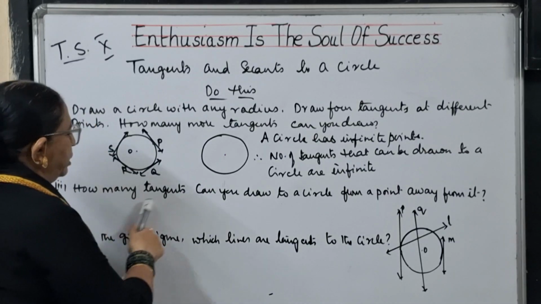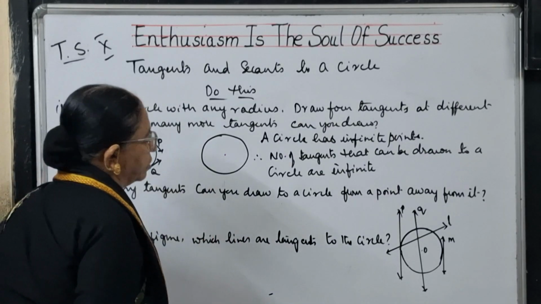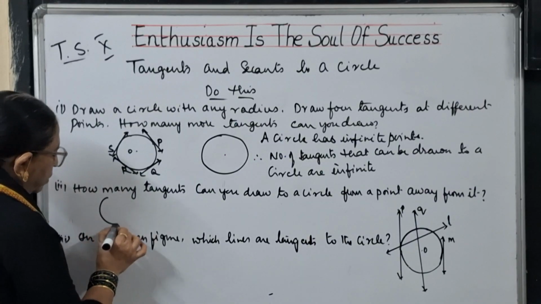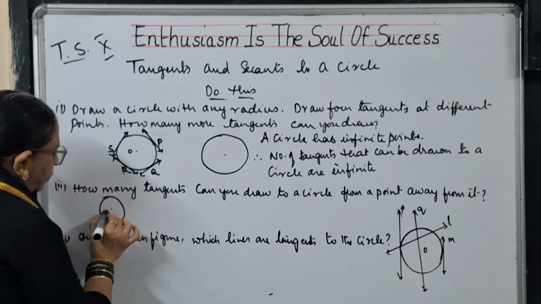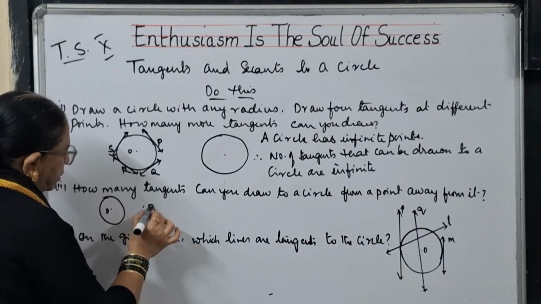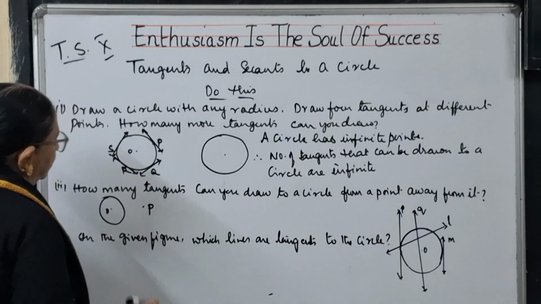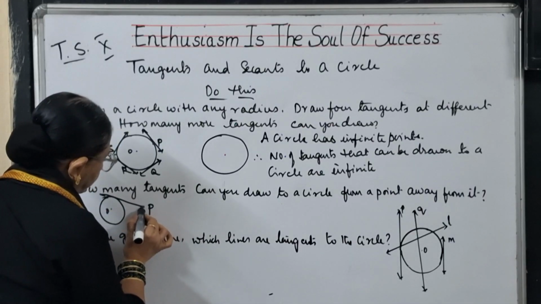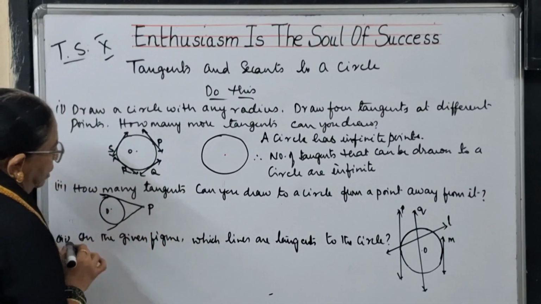Then the second bit: how many tangents can you draw to a circle from a point away from it? Suppose you have got a circle like this with center O, and there is a point P. From it, how many tangents can you draw? You can draw one tangent like this, and you can draw another tangent.